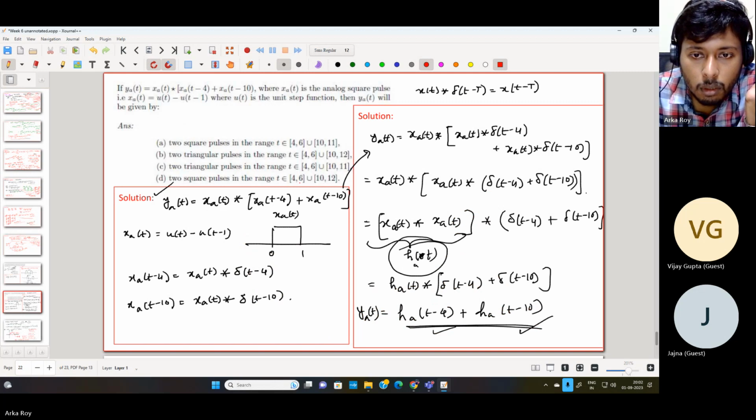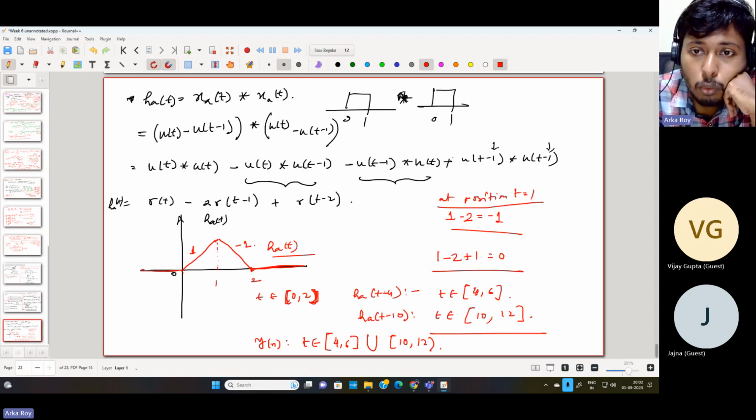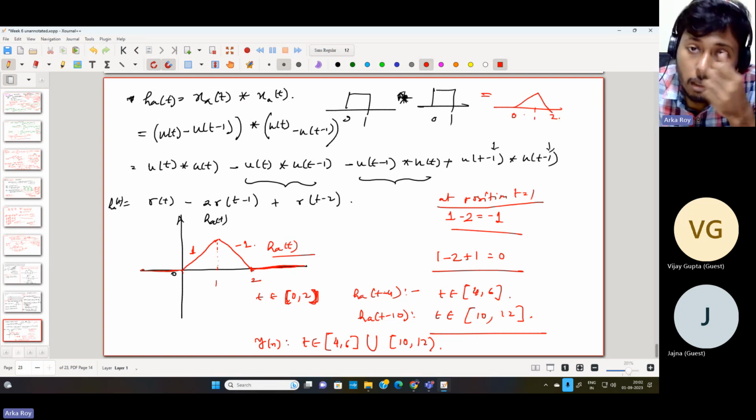It will not be a square wave, because we are taking the convolution between two unit step signals. The output is a triangular wave. So this is 0, this peak is coming at 1, and then the signal ends at position 2.